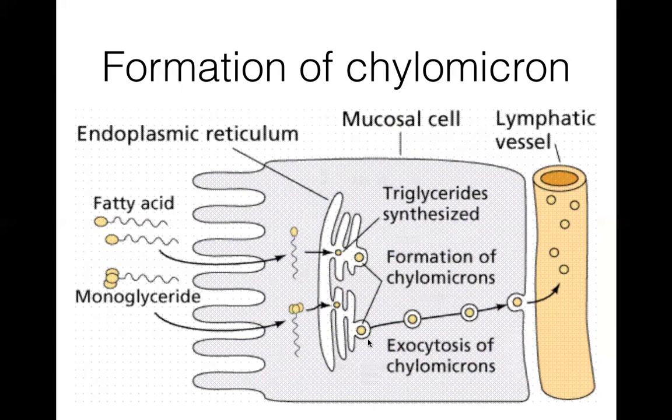And it is eventually exocytosed into a lymphatic vessel. So as you can see, chylomicrons are not secreted directly into the bloodstream, but rather they enter the lymphatic circulation first before entering the bloodstream via the left subclavian vein.